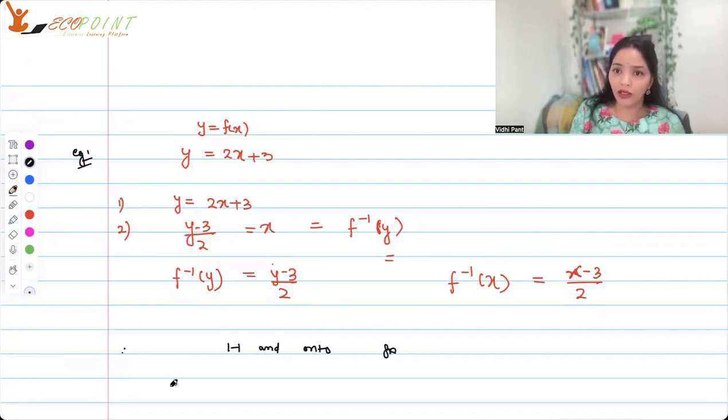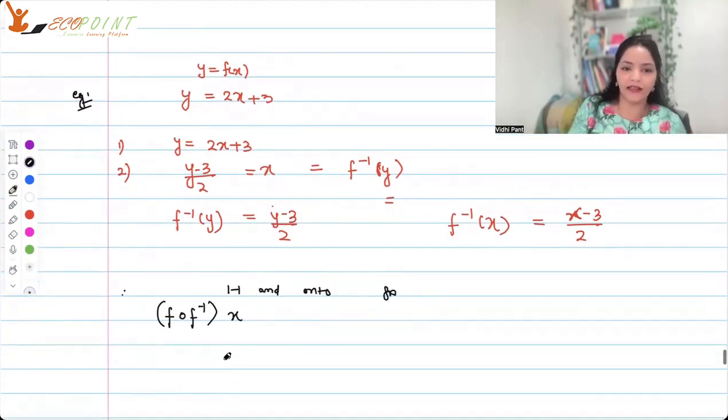Another way to check whether it's a valid inverse or not is to look at the composition f of f inverse at x, and also f inverse of f at x.